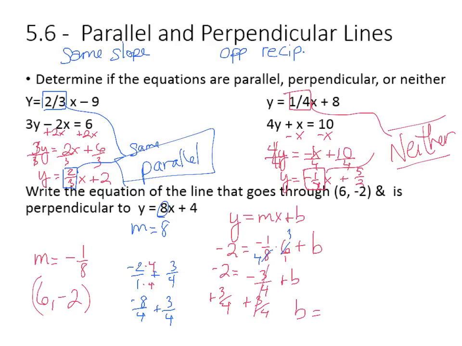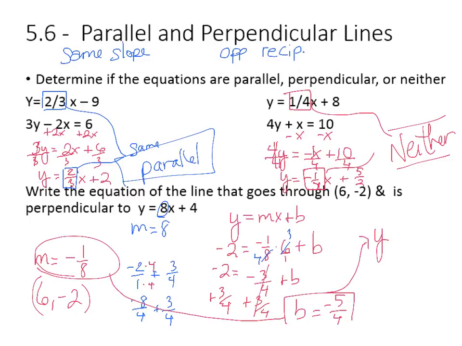Alright, then b is going to be negative 5/4. I've got my slope. I've got my y-intercept. My equation would be y equals negative 1/8 x minus 5/4. Alright, pause the video. You go do parallel and perpendicular lines.